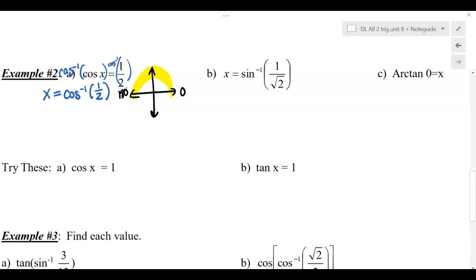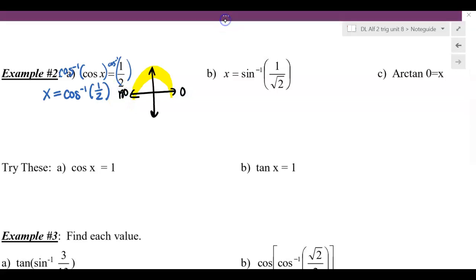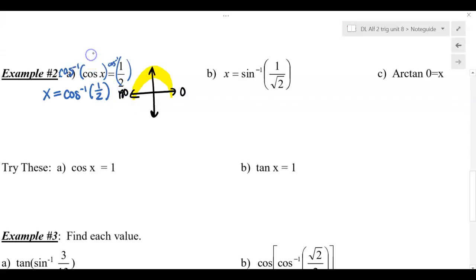So I'm looking for an angle that would land its terminal side somewhere on that arc that would have a cosine equal to +1/2. So that's an x value of +1/2. So that would be right here at a 60-degree position. So 60 degrees is the answer to the problem, and I know that because I have memorized those different values of my unit circle. So I know that x is equal to 60 degrees.